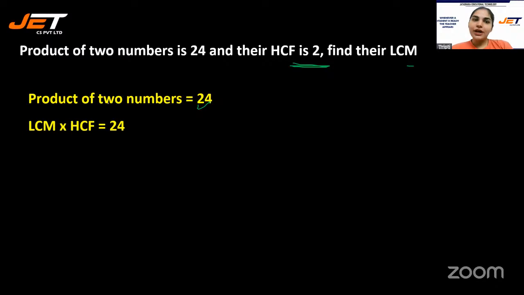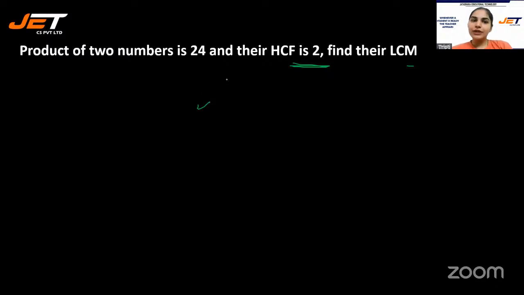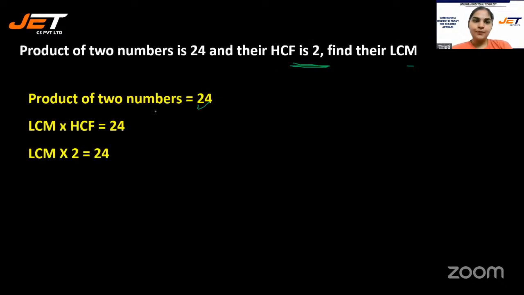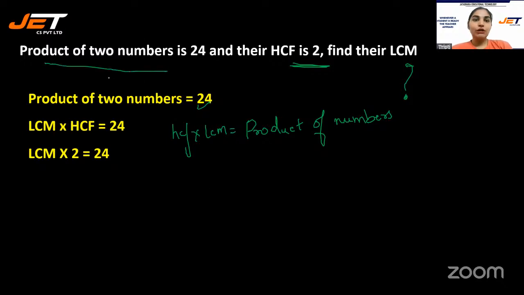If the product of two numbers is given to you, you know that the product of two numbers is equal to their LCM and HCF. We can write that also, right? LCM we have to find out. HCF is 2. You know that the product of the numbers is equal to HCF times LCM. So in the question, the product of two numbers is given.